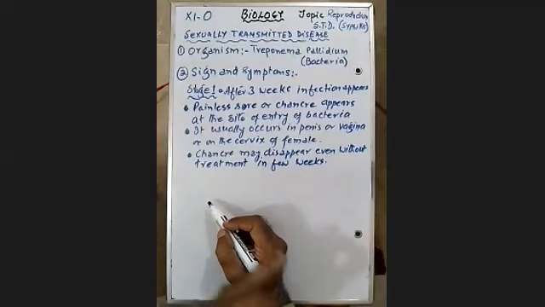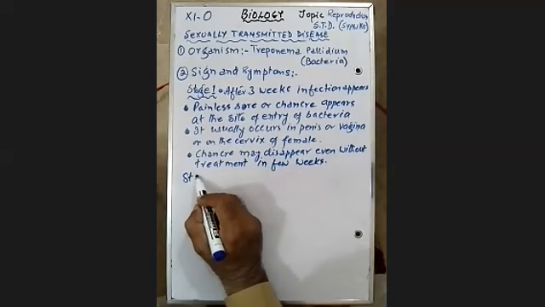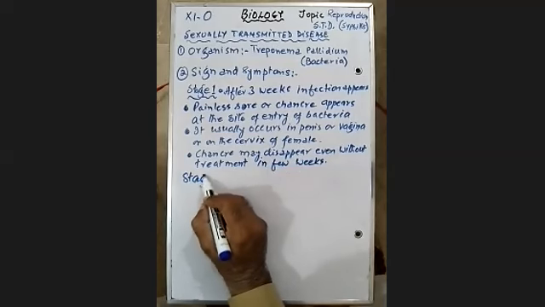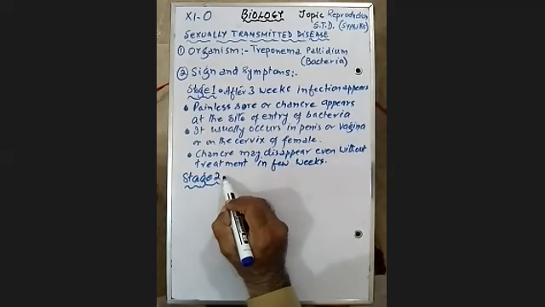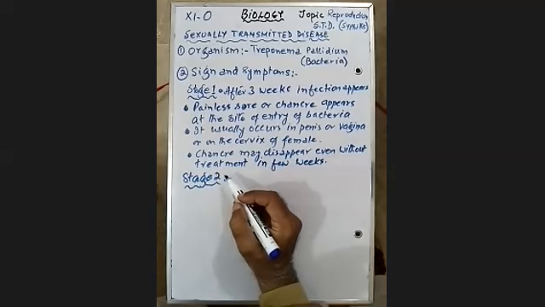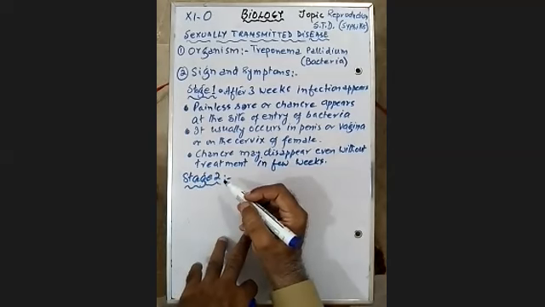Now, what happens if treatment is not done? Then stage 2 occurs. What happens in stage 2? In stage 2, a more serious consequence appears. Signs appear on different parts of the body.